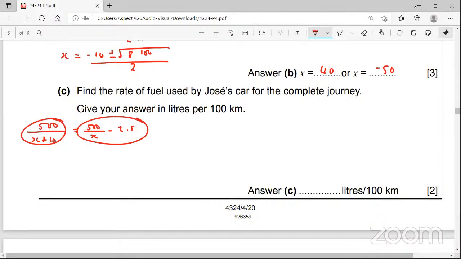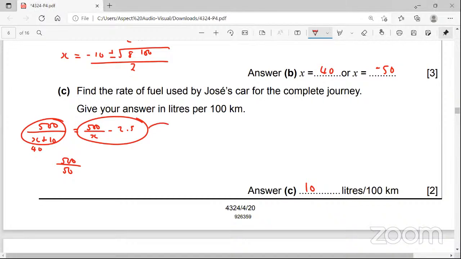So I will not use negative 50, but I'll just use positive 40. I can either substitute it here or I substitute it there, I'll get the same answer. Are we together? So you can test it if you put 40 here. So that means I can say 500 divided by 40 plus 10 gives me 50. 500 divided by 50 gives me what? So it will be 10 liters per 100 kilometers. Or let's put it in there and see if we get the same answer.